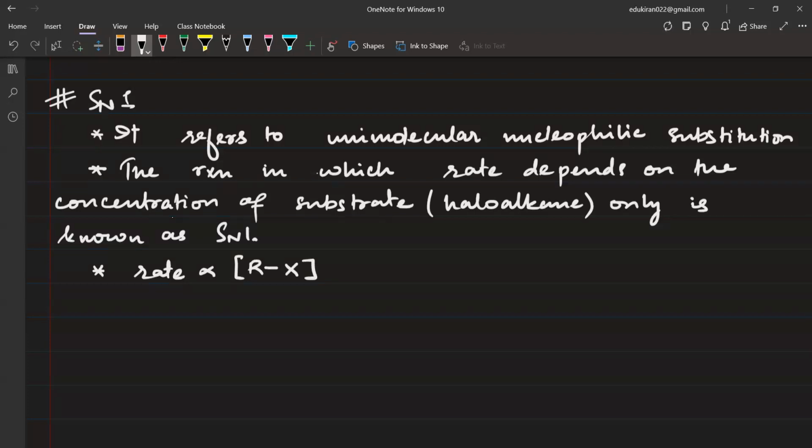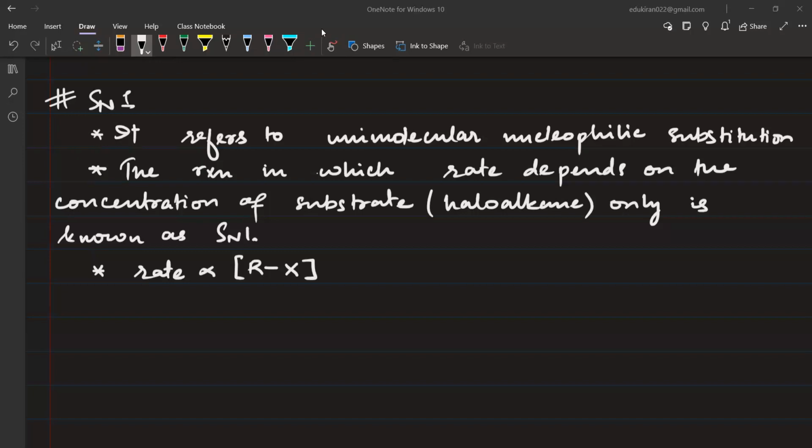So rate depends only on the concentration of substrate.